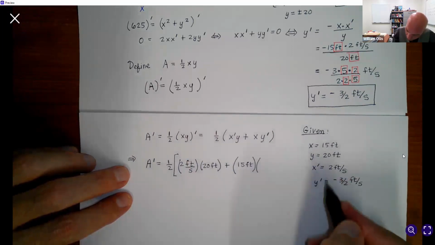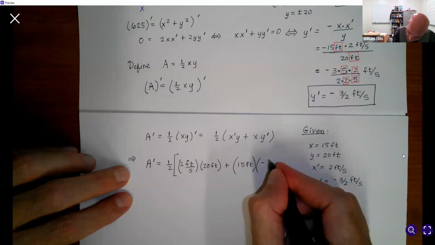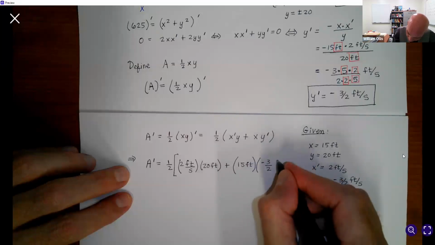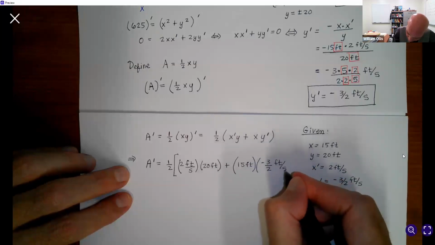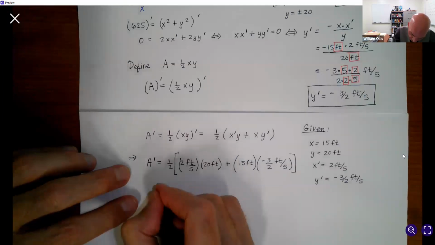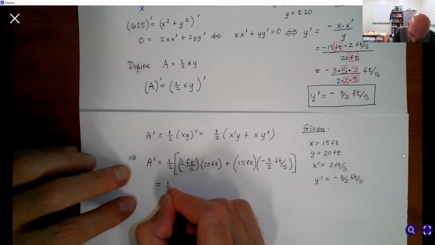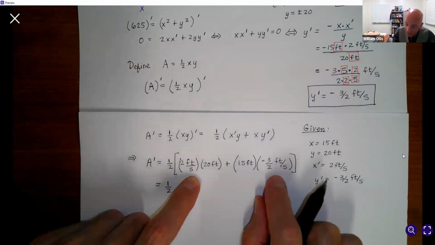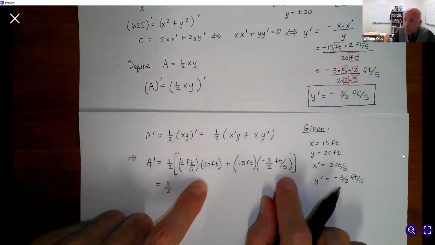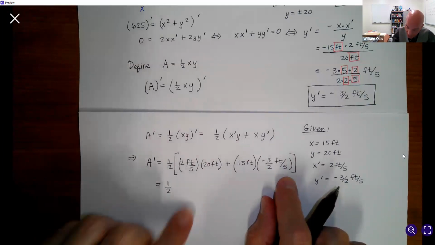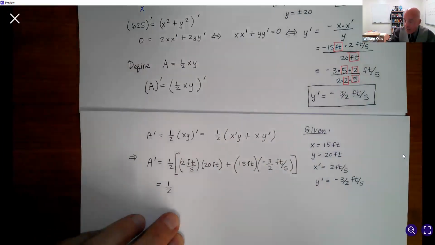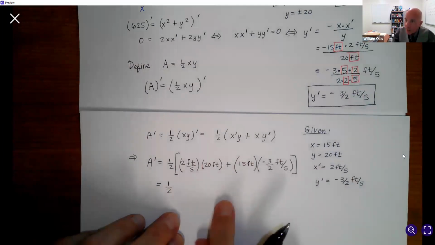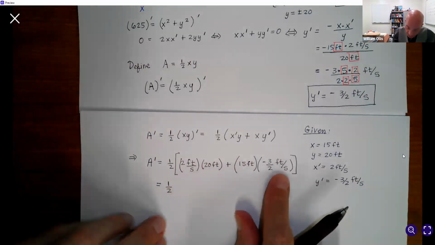And then, of course, y prime is negative 3/2 feet per second. Again, very simple arithmetic, but notice now we get feet squared per second. So we have area units per unit time, which is exactly what we need. So we can move that off to the right and retire the units from our calculation.